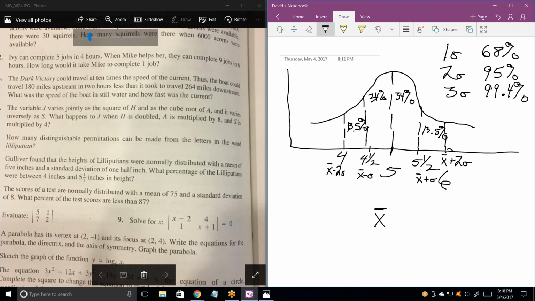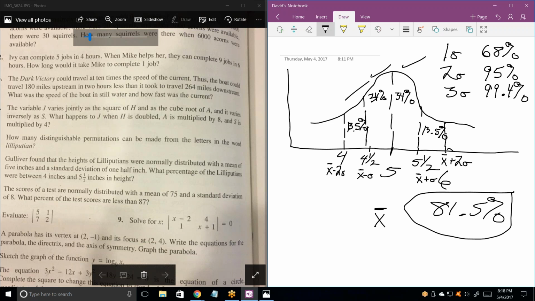The amount of data that's going to be between 4 and 5.5 is the sum of this one, that one, and that one. So it's 68 plus 13.5. 81.5% of the heights will be between 4 and 5.5.